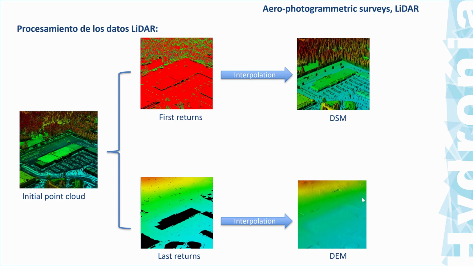See here the difference that we were talking about in the last session. The digital surface model includes all the vegetation and buildings and everything that is on the terrain surface, while the digital elevation model, that is also called digital terrain model, is filtered, and you only leave the terrain surface, removing all the buildings and vegetation that you may have there. So the laser or LiDAR processing is very useful for this filtering of digital surface models and digital elevation models.